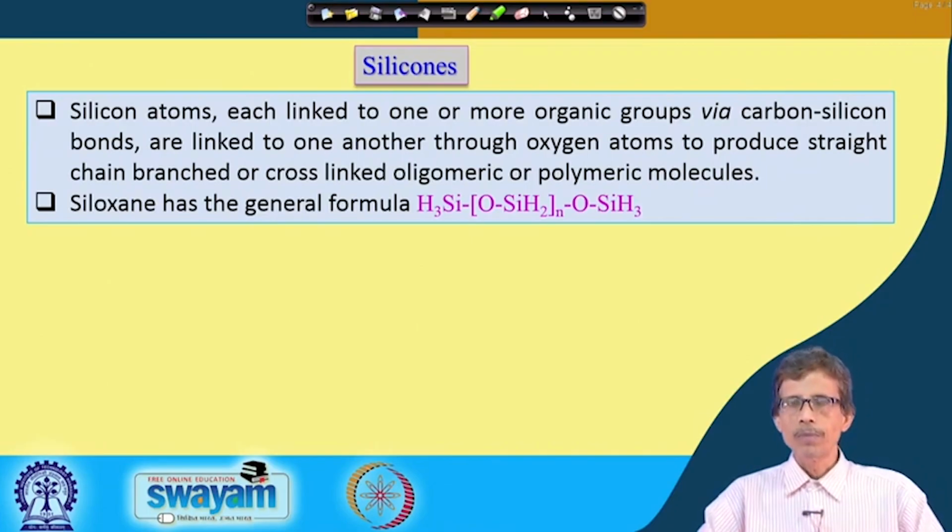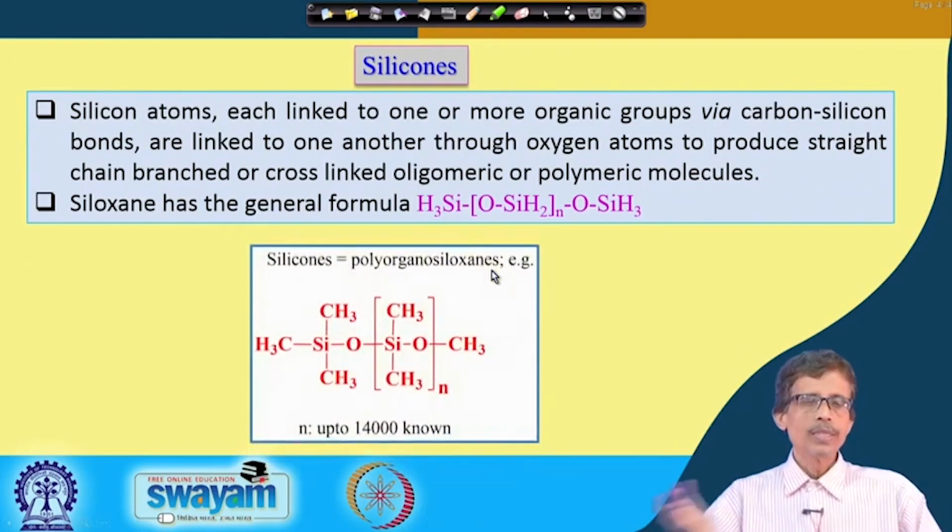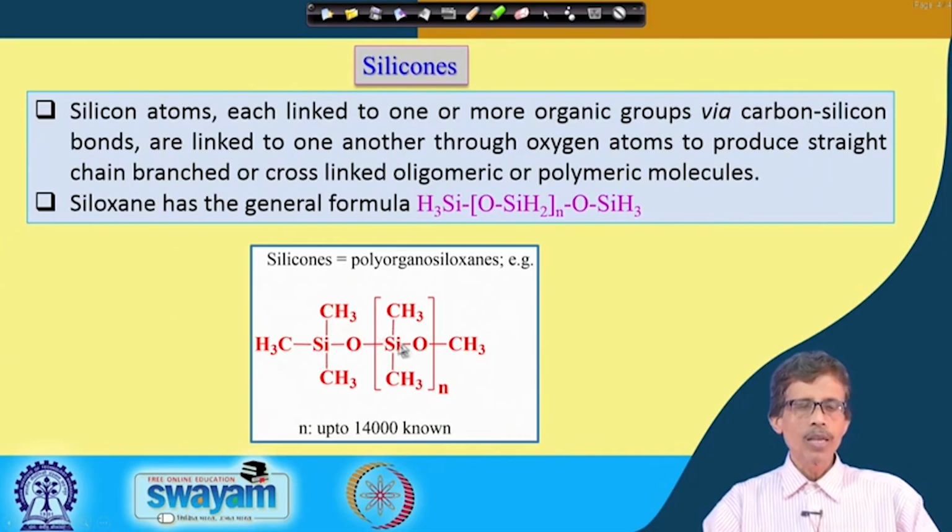So, two types of bonds are present. One is the silicon hydrogen bond which will be very reactive, and another is the most stable silicon oxygen bond within this particular material. So, if we look at this formula in the structure, structurally silicones are nothing but polyorganosiloxanes. So, in siloxanes you have the silicon oxygen bond present, which is your repeating unit.